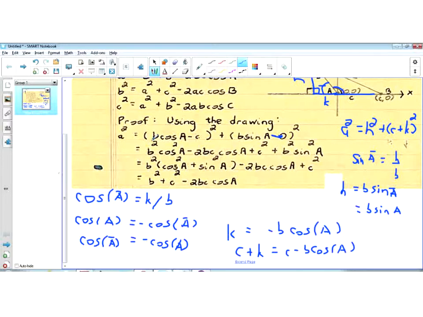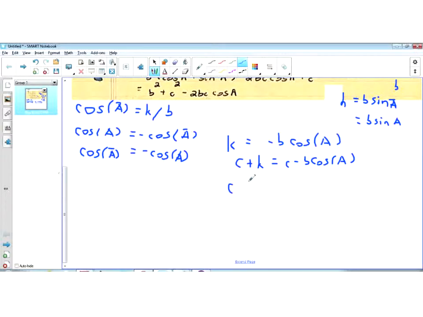Okay, so now here, C plus K squared is equal to C minus B cosine of angle A, quantity squared.